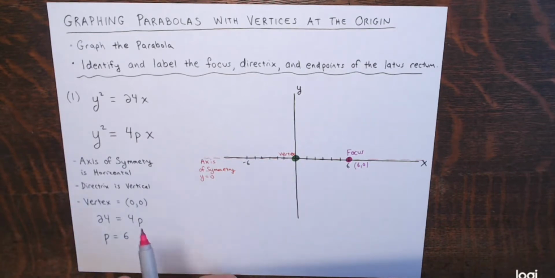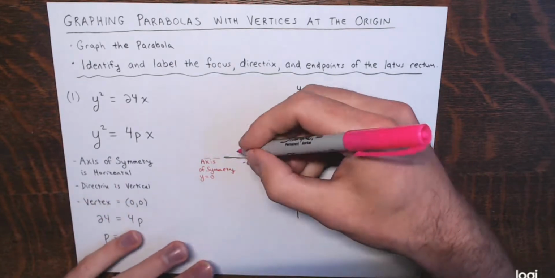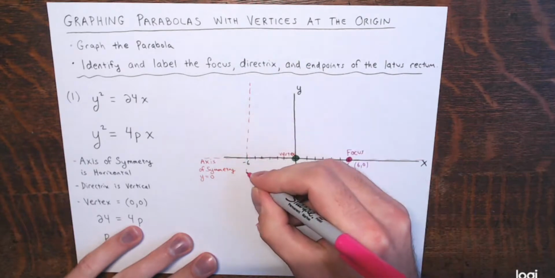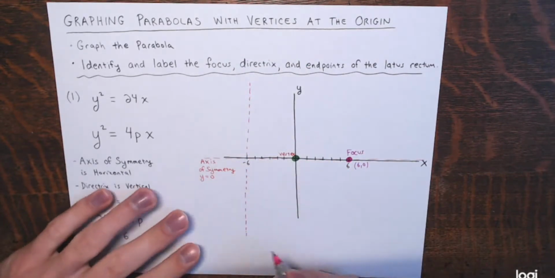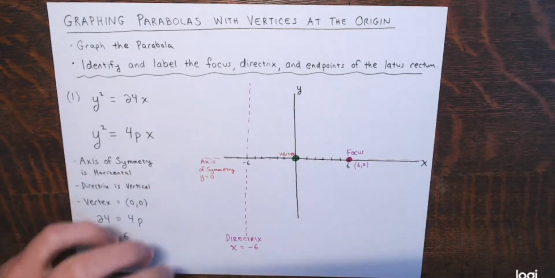As I mentioned earlier, if the axis of symmetry is horizontal, the directrix will be a vertical line. I'm going to make this a dotted vertical line. It should be perpendicular to the axis of symmetry. This is called the directrix. It's a vertical line, so the equation is going to be x equals some number, and it looks like that's x equals -6 here.